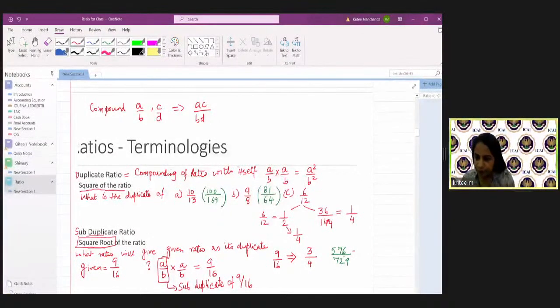So 576 square root is 24. 729 square root is 27. And if you are going to convert it in the simplest form, 3 8s are 24, 3 9s are 27. So 8 is to 9 is going to be the simplest form of subduplicate of 576 by 729.